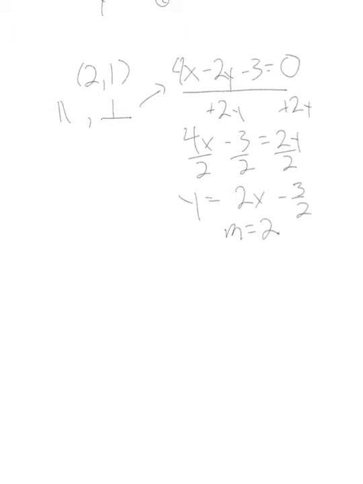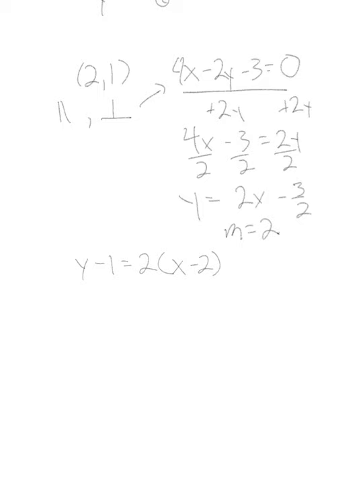So here we have y minus 2, not 2, it's 1. y minus 1 equals the slope, which is 2, times x minus x1, or minus 2.